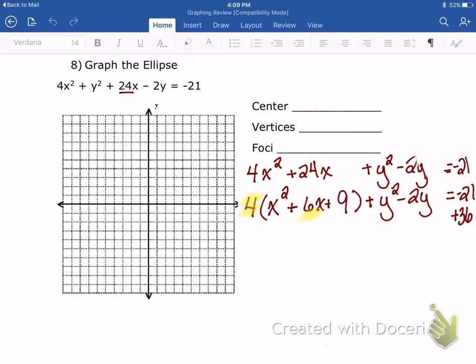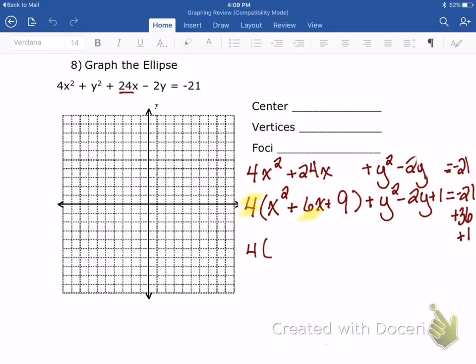We're now going to complete the square with our y. So I have y squared minus 2y. I take half of my negative 2, which is negative 1, and I square it. Because I added 1 over here, I'm actually adding 1 to the other side. Our y values aren't being multiplied by anything, so it stays at just a 1. So now we're able to factor.